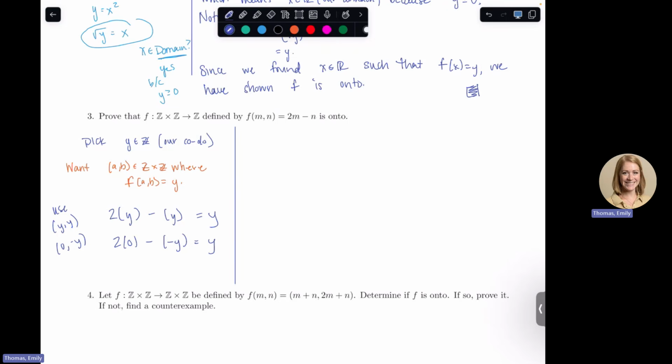But yeah, f of (y, y) would be 2y minus y, which is y. So you found it, you did it. Well, we did. Are we following that or not following that? So you would then write the proof yourselves. Yes? Okay.